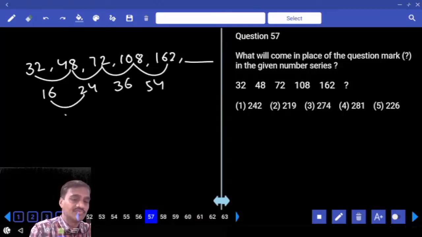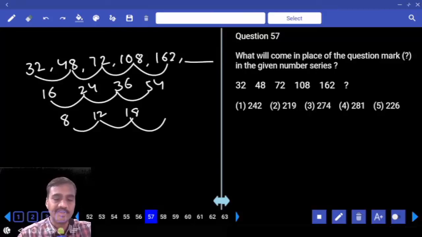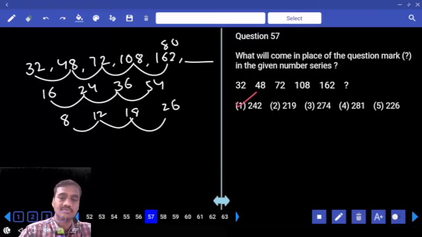Then if you go for the differences of differences, this is 8, here we get 12, then 16, then 18. Taking 4, 6, 8, 18 plus 8 is 26. Then 54 plus 26 is 80. 162 plus 80 is 242. No need to change the answer. 242 is the answer.